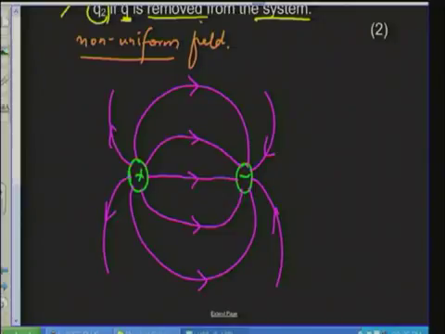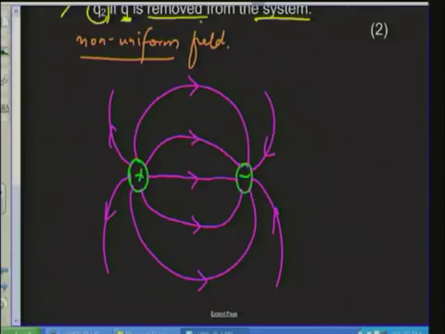So this would be the drawing that shows the electric field pattern between a positively charged sphere and a negatively charged sphere. And I'm requesting you to make sure that when you draw these lines, try and make sure that they look to be landing perpendicularly and radiating perpendicularly from where they come from.